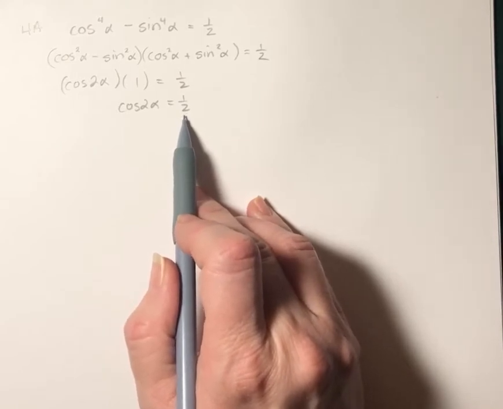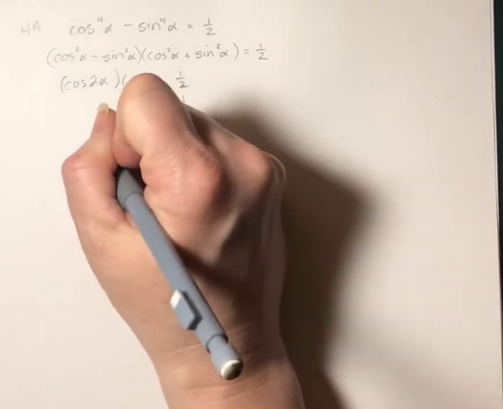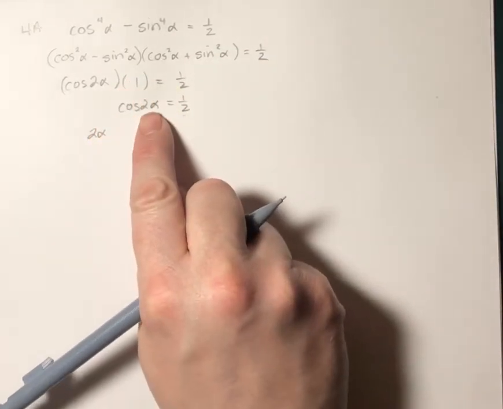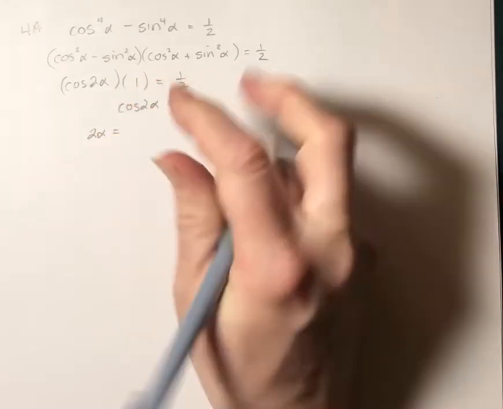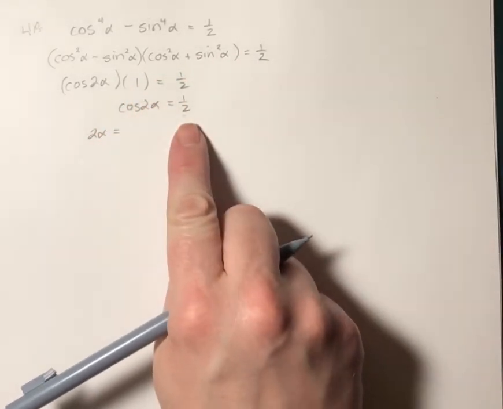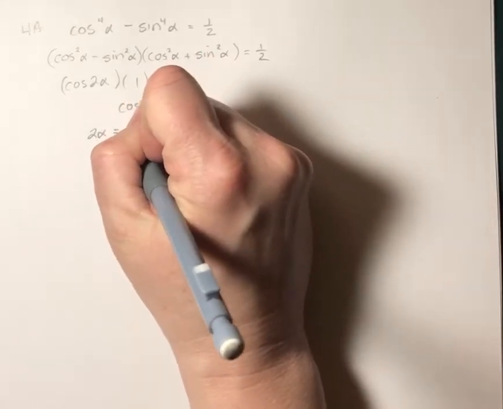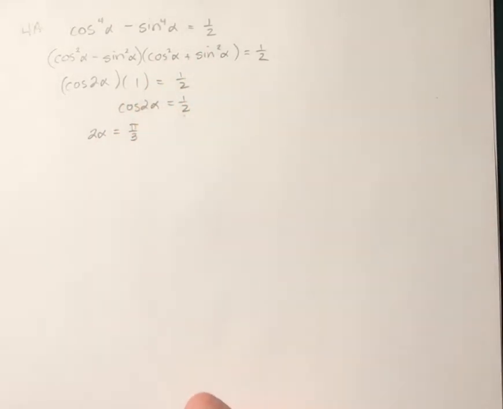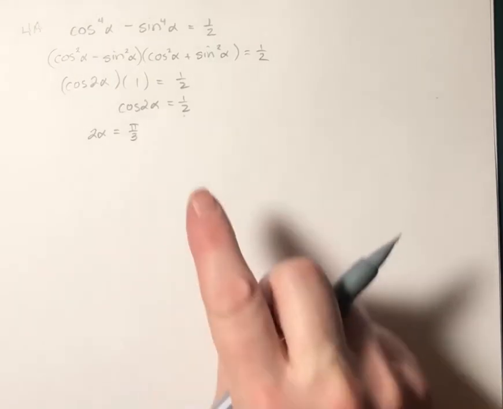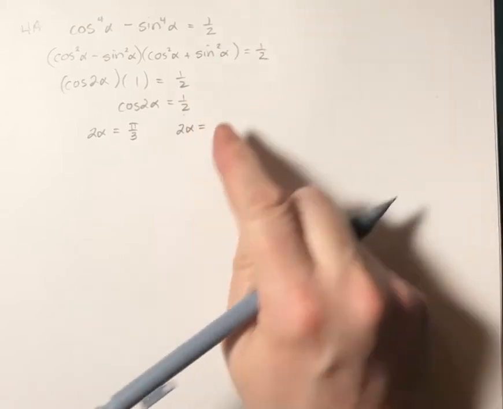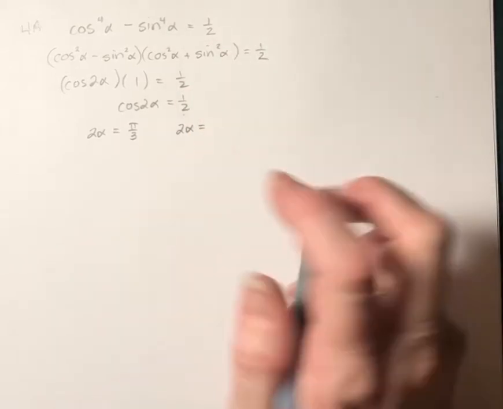So for this particular one, I have my argument. Cosine is 1/2 at pi thirds, and then in quadrant 4, this would be at 5 pi thirds.